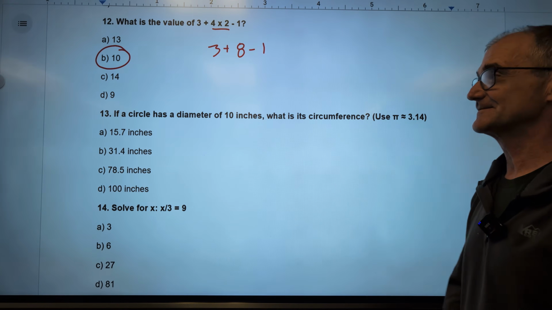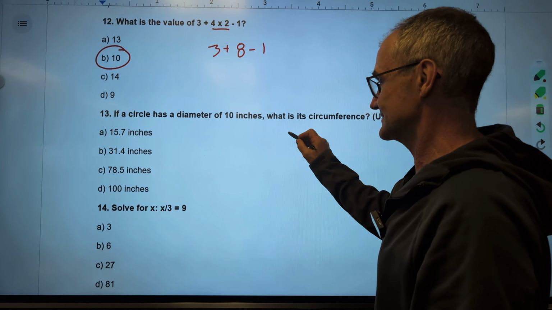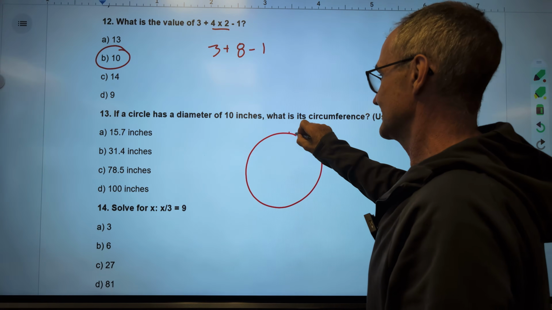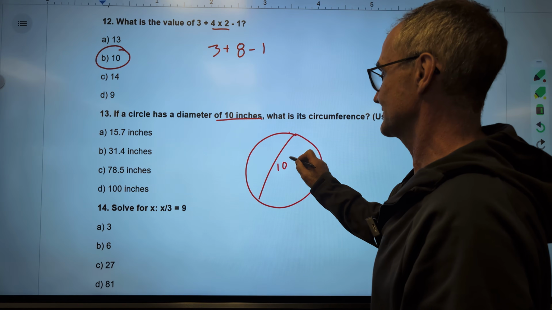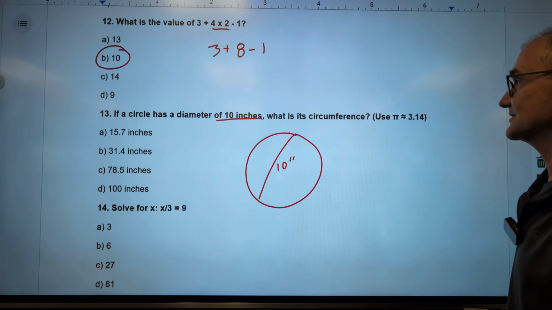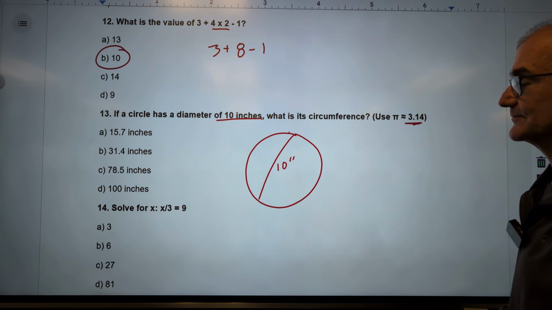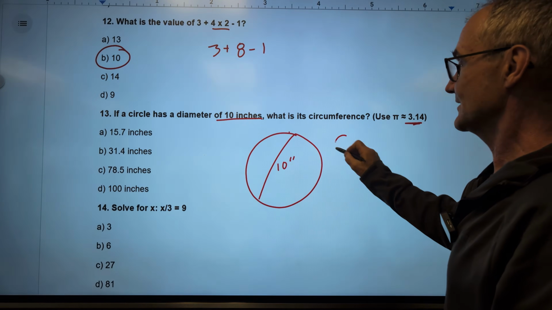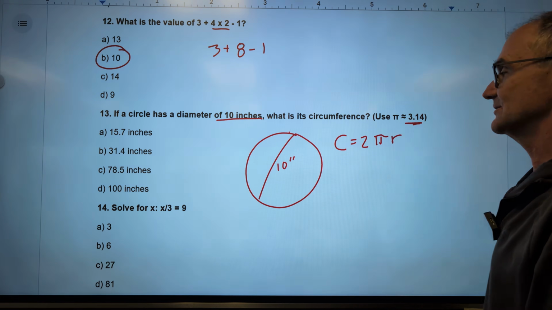Distractor, answer A. A circle has a diameter, that's a line straight across the circle, of 10 inches. Probably slow it down a little bit. What is the circumference? Use pi is equal to 3.14. Circumference is equal to 2 pi r.